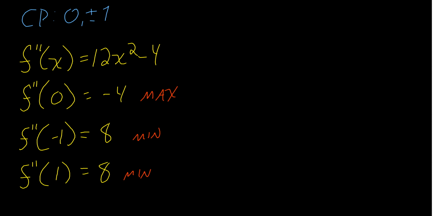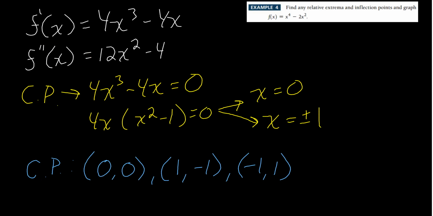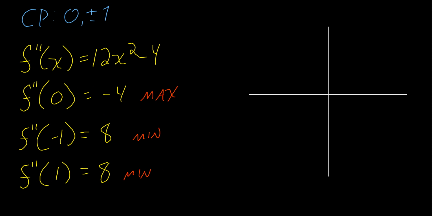I'm pretty sure we can give a rough graph here. For graph sketching, I don't think I should cheat for this. My points are, oh, forgot, (0, 0), (1, -1), and (-1, -1). So it looks like I don't have to go too far out here.